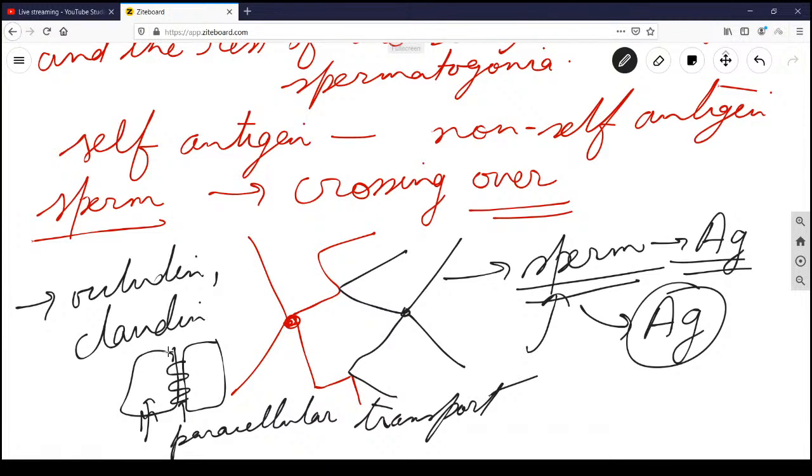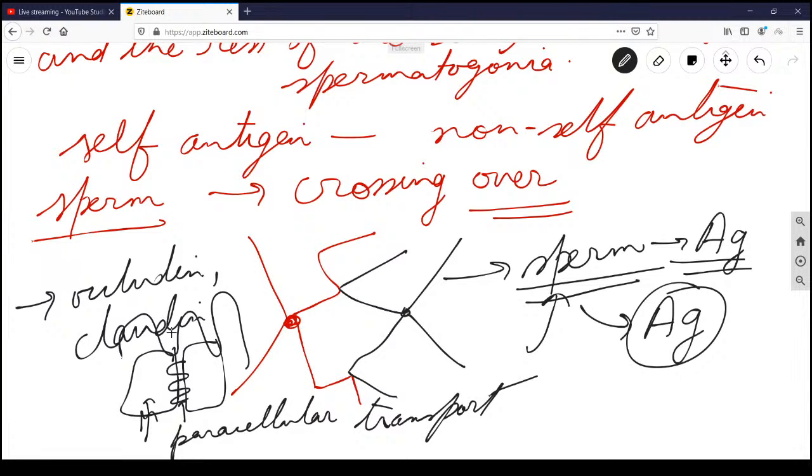On top of that, the microvilli of the Sertoli cells, or simply the Sertoli cell processes, will be surrounding it, and the Sertoli cells will be tightly packing it so that other cells cannot come in. Only nutrients can come in through diffusion.